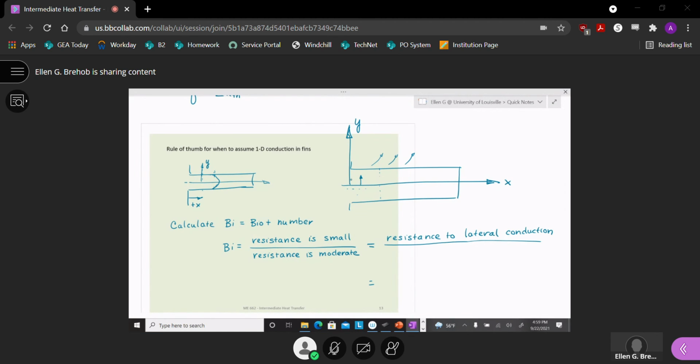And then the resistance that we want to be moderate. So this is my lateral conduction.